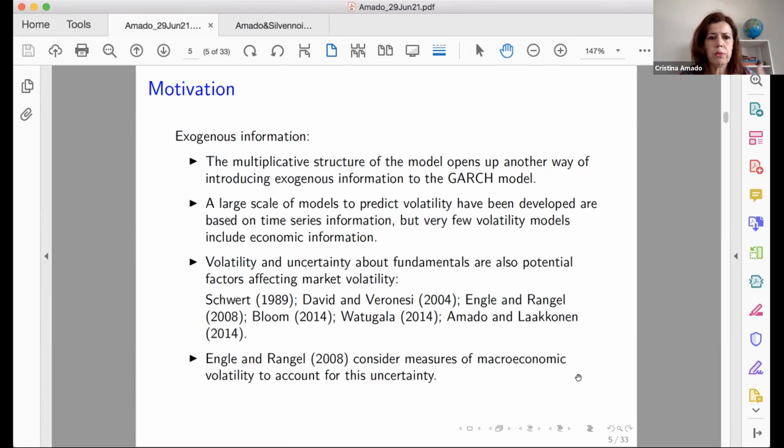We are very much aware that uncertainty about fundamentals is also a potential factor affecting market volatility, and there are some references in the literature.